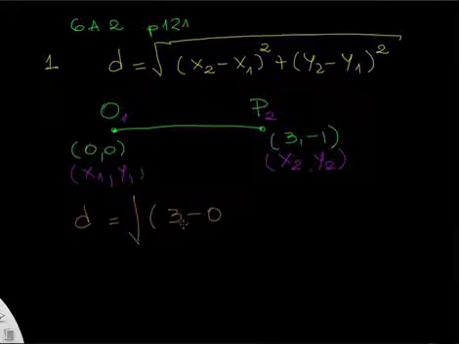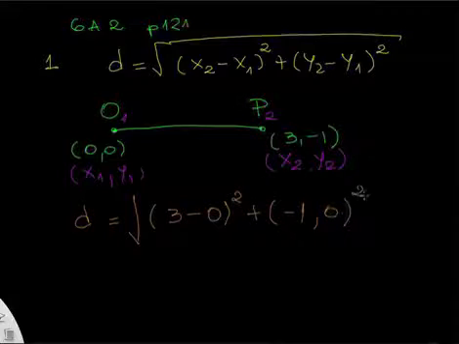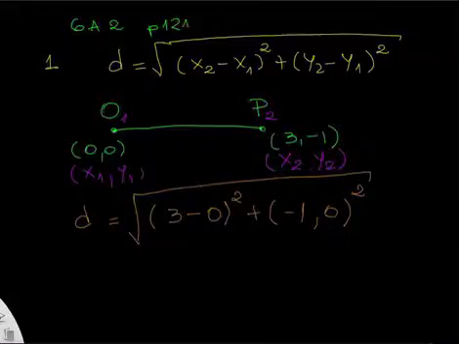By doing that, I'm trying to make sure that we have fewer negative numbers. And I have to square, like the formula says, plus my y2, which is -1 in this case, minus 0, squared.